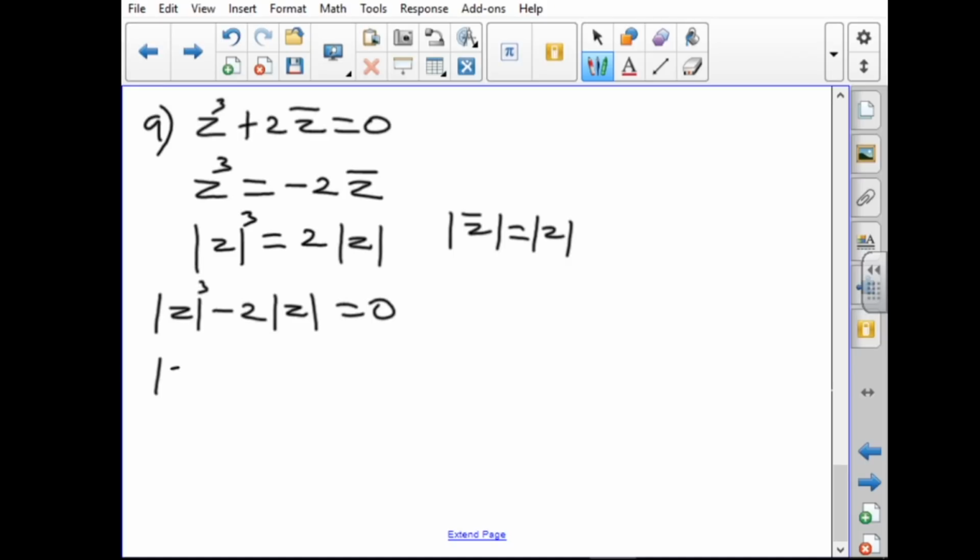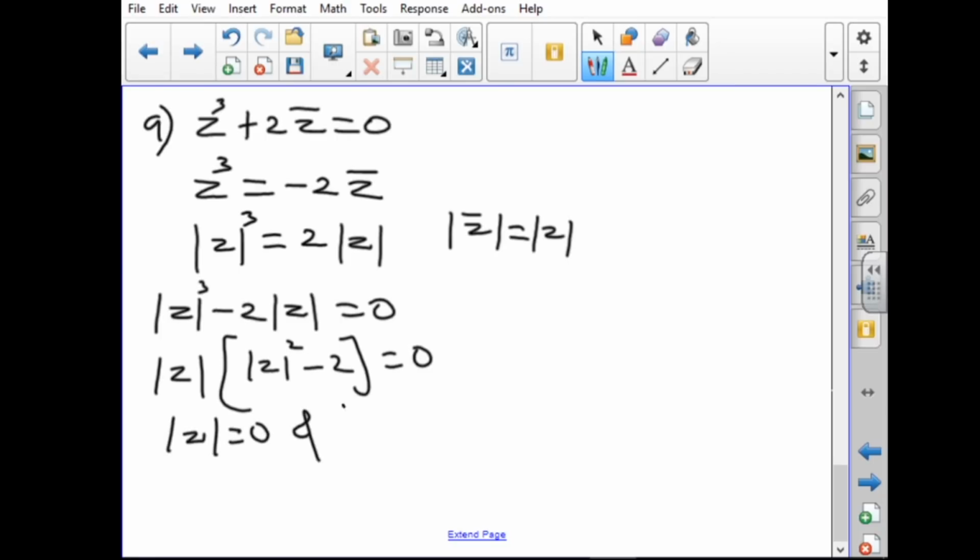So, from this we can take modulus of Z out. So, we get modulus of Z into modulus of Z square minus 2 is equal to 0. So, from this we get modulus of Z is equal to 0 and modulus of Z square minus 2 is equal to 0. Now, we know that modulus of Z square is equal to Z Z bar. So, Z bar minus 2 is equal to 0.